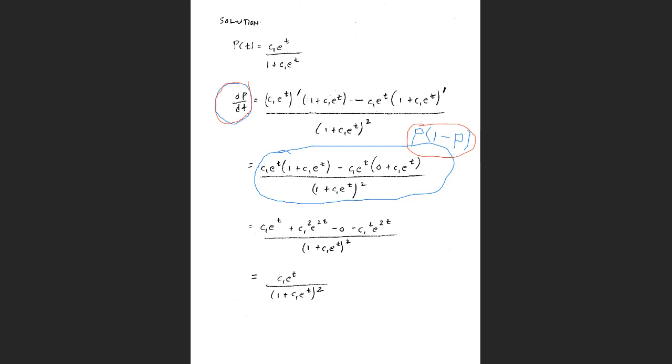So what I do is I simplify the numerator by distributing the C1 e to the t to both terms here, and the C1 e to the t to both terms there. And then I get down to here, and something nice happens, doesn't it?